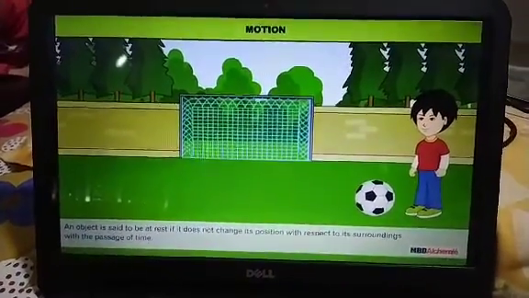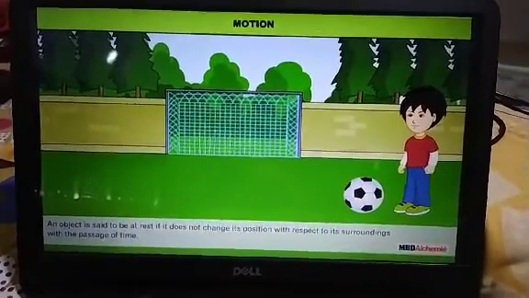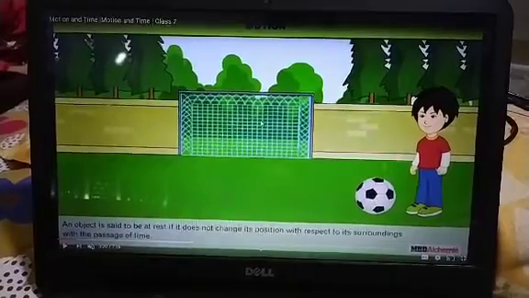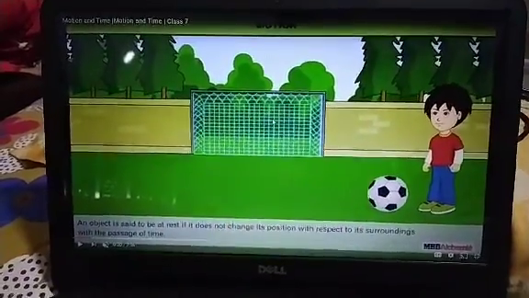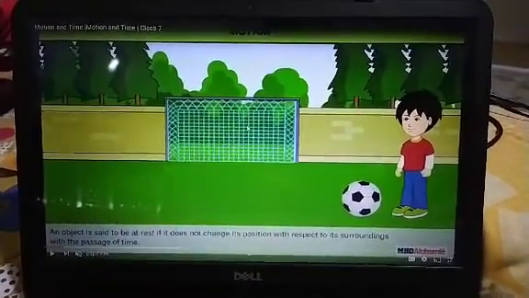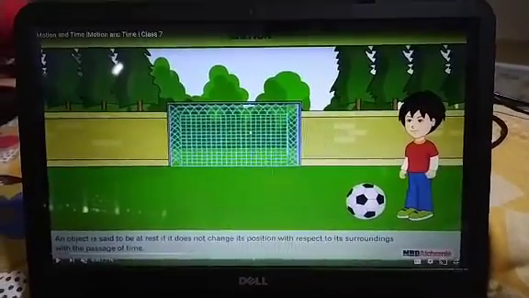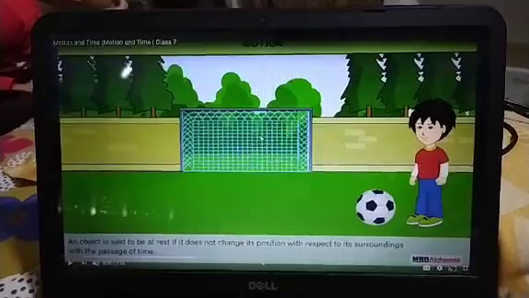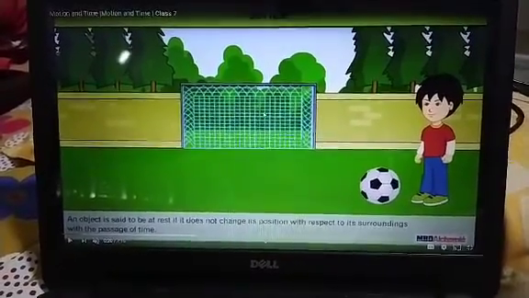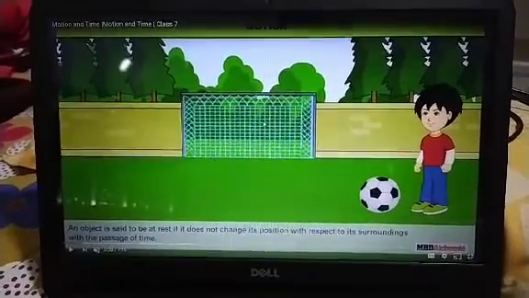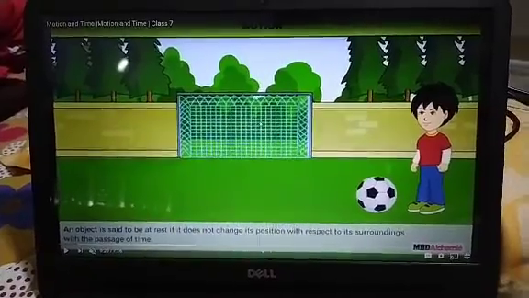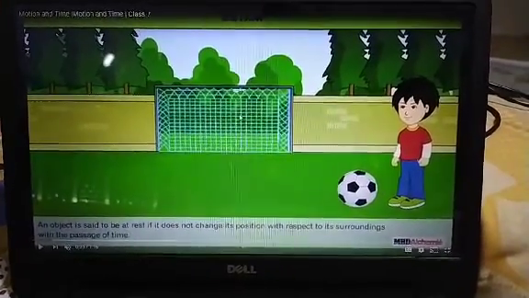Just look at this boy and this ball. What you can see here is that this ball is not moving, right? This ball is still, it's not changing its position, right? ये अपनी पोजीशन को चेंज नहीं कर रहा है. Then what will we call it?